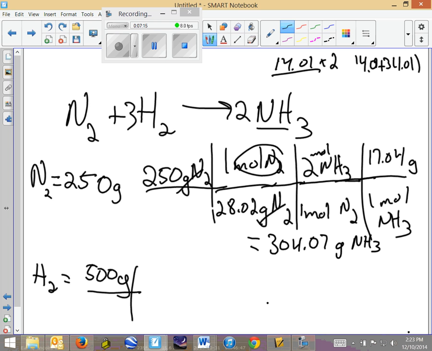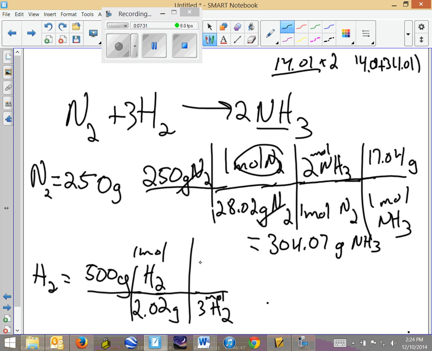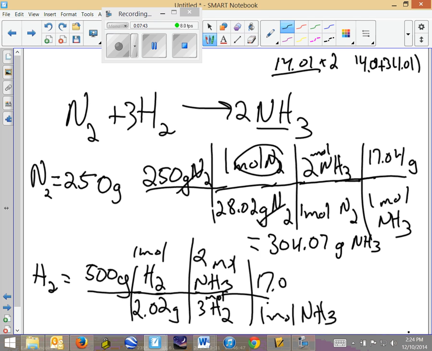Okay, now do the same thing as I did over here, but just do it for hydrogen this time. So hydrogen has a molar mass of 2.02 grams for every mole of H2. And my ratio here is 3 moles of H2 to 2 moles of NH3. And I know that 1 mole of NH3 equals 17.04 grams.